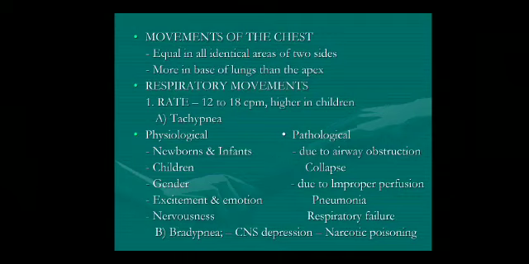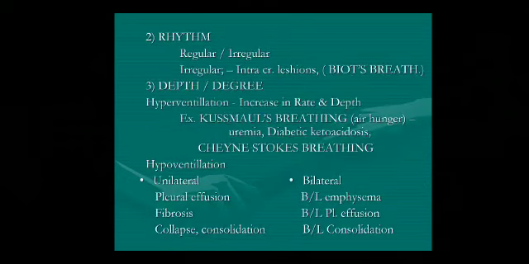Next, causes of bradypnea, decreased respiratory rate. This is usually seen in CNS depression, for example, narcotic poisoning. So this is about the respiratory movements. Coming to the rhythm, irregular respiration is commonly seen in intracranial lesions.